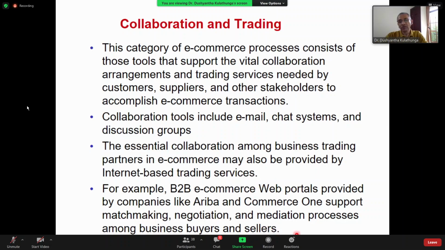We took the example of Alibaba earlier, and these are two other examples. Ariba is another e-commerce marketplace, which connects business buyers and business sellers. Commerce One is also another marketplace which connects business buyers and business sellers.